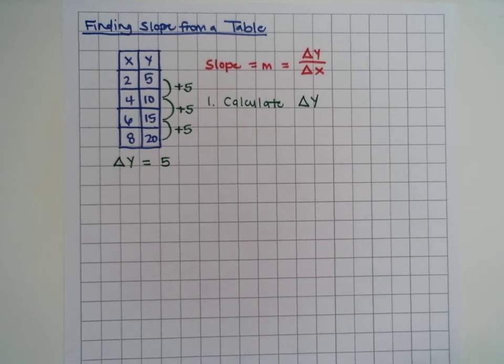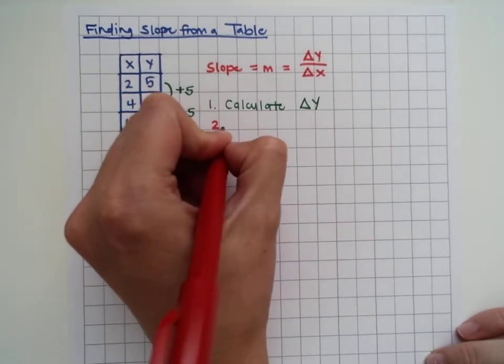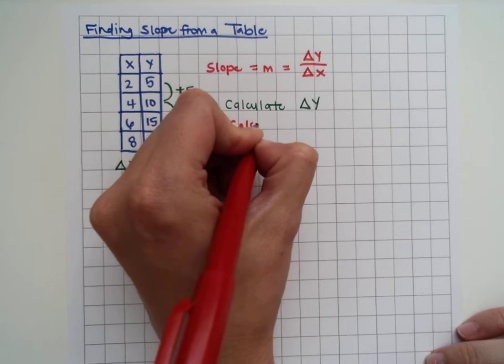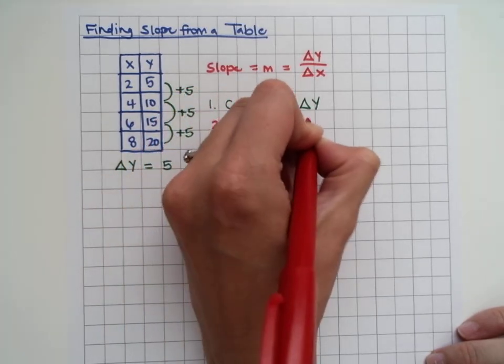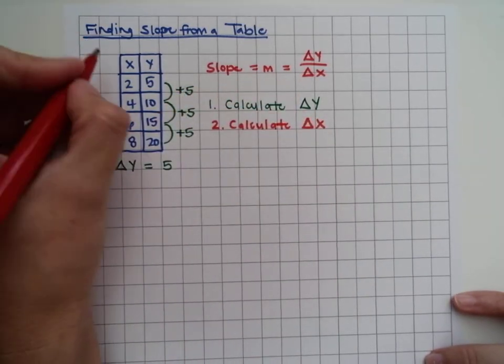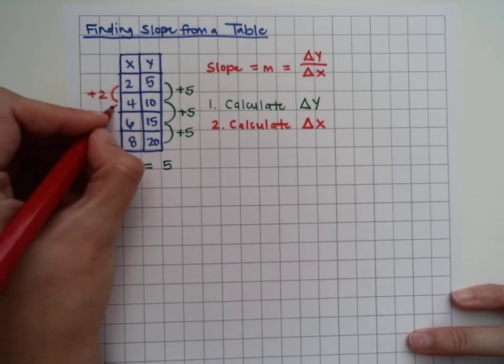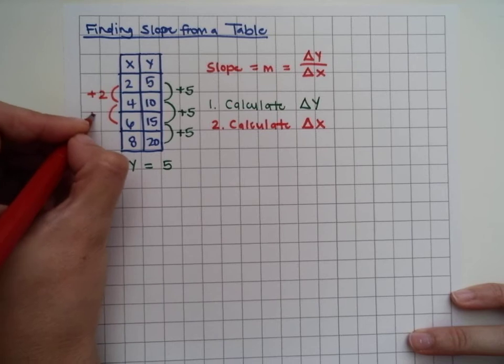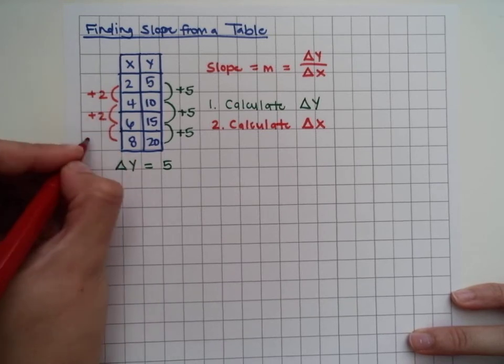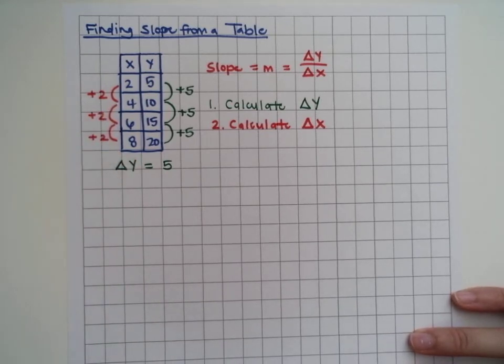Then we need to calculate our change in x. So to go from 2 to 4, 2 plus 2 is 4. From 4 to 6, 4 plus 2 is 6. From 6 to 8, 6 plus 2 is 8.